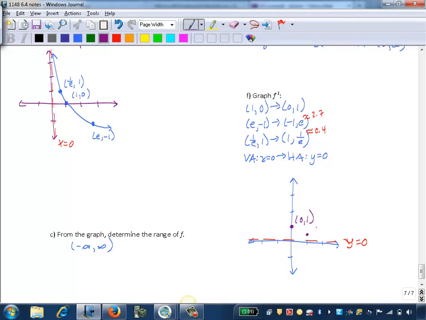So remember, that's about 0.4. And then we've got the point negative 1, e, so negative 1 and then approximately 2.7. So we can connect with that ramp shape. So we've got that decreasing ramp shape, and it's approaching that horizontal asymptote.